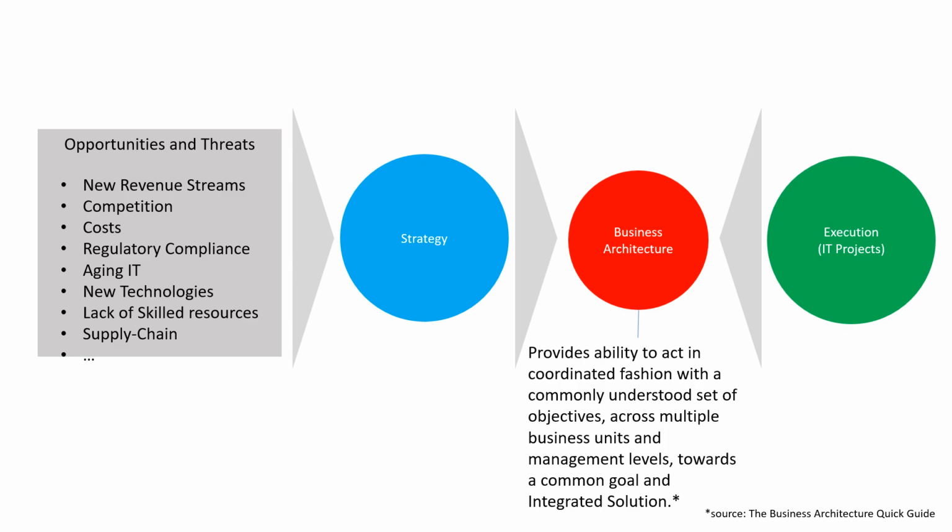So business defines a strategy, and business has business goals and business objectives that they want to achieve through IT. And business architecture helps to do this mapping from strategy to execution, and it also helps in understanding those business objectives and the vision, mission and goals of the business, as well as aligning the execution with the strategy.